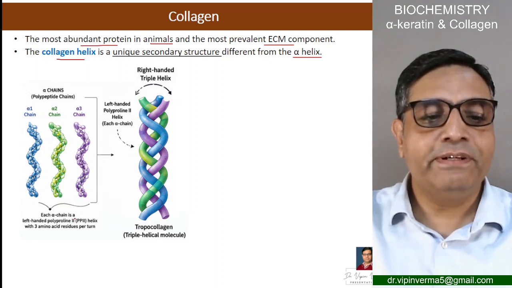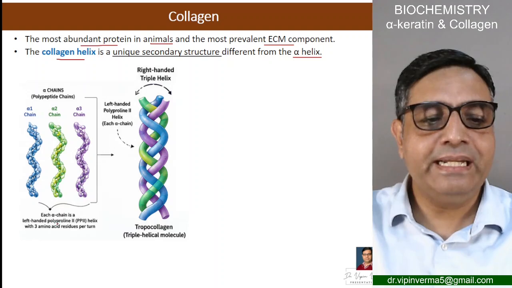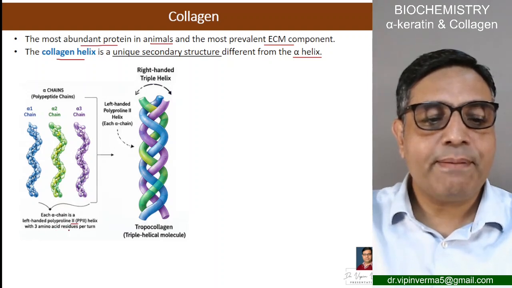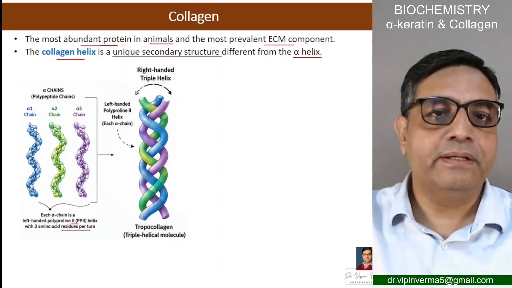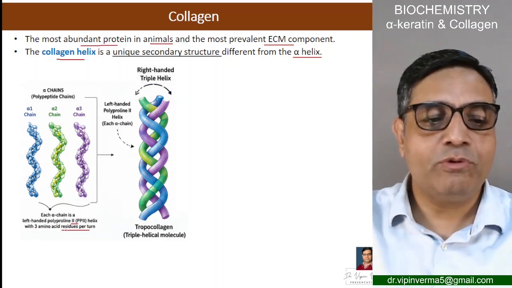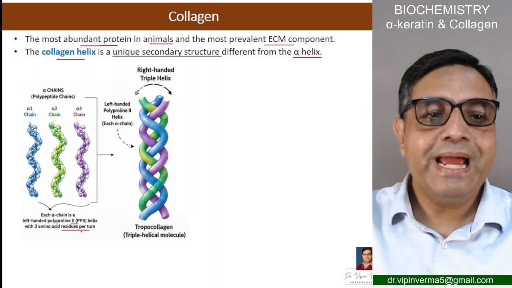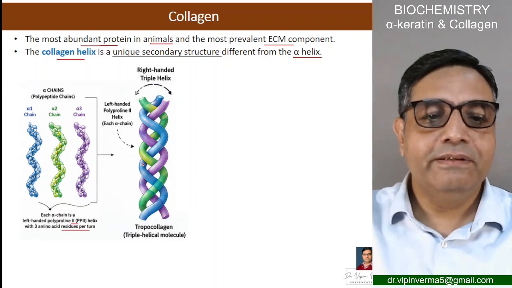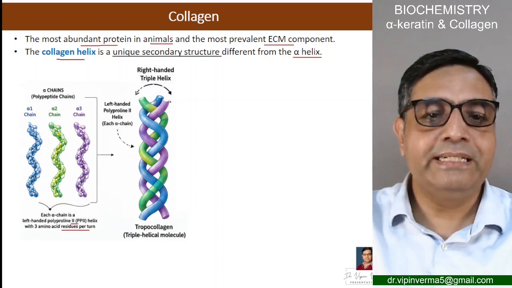Each alpha chain is a left-handed polyproline 2, we call it a PP2 helix, with 3 amino acid residues per turn. Okay, this is a very special helix where we have 3 amino acid residues per turn, and once they intertwine with each other, they make a right-handed triple helix.